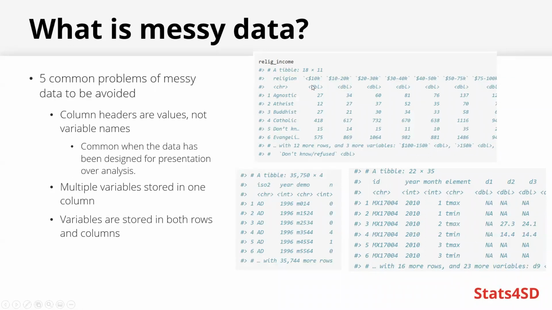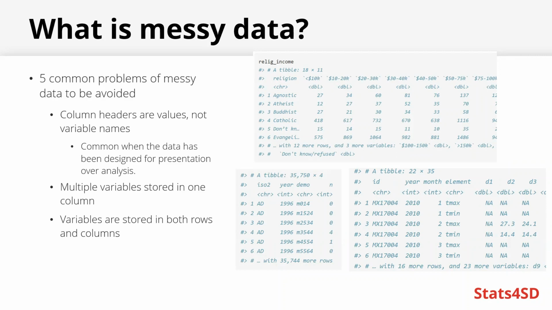So what we have along the columns is that each column is a grouping of income. But this has resulted in column names which are less than 10,000, 10 to 20K.